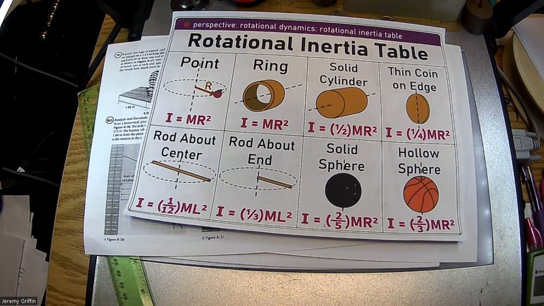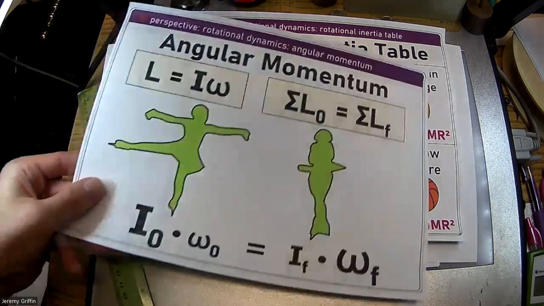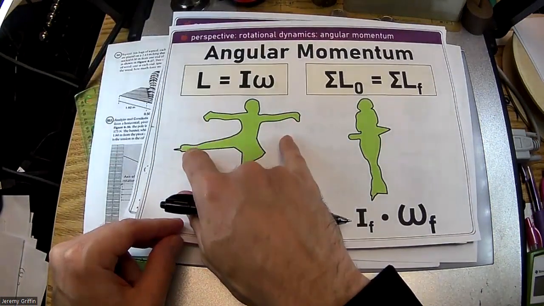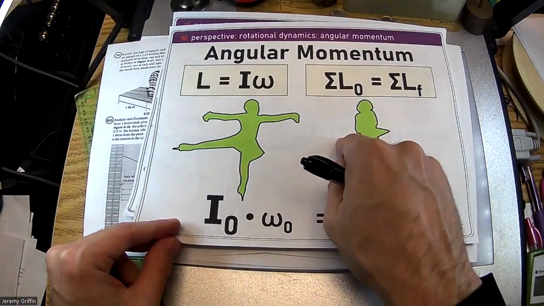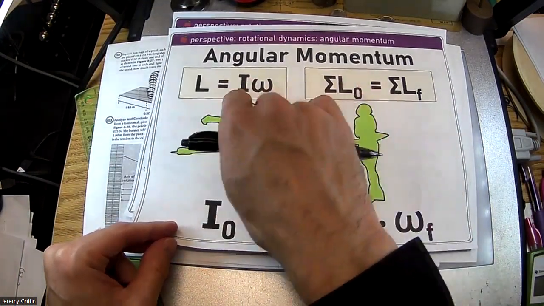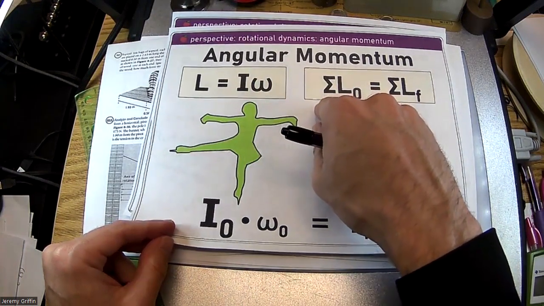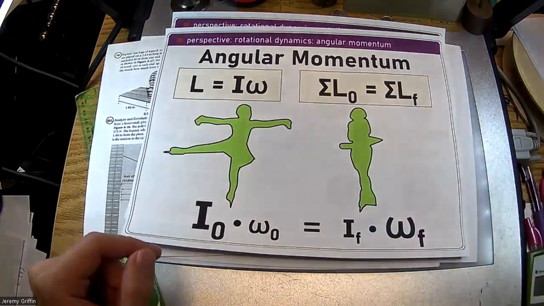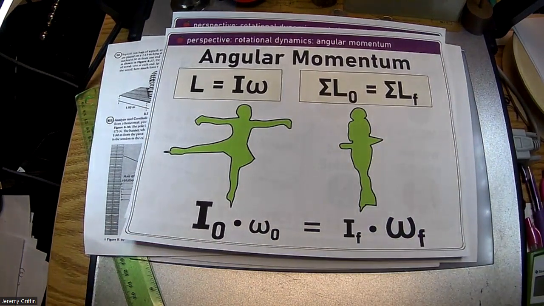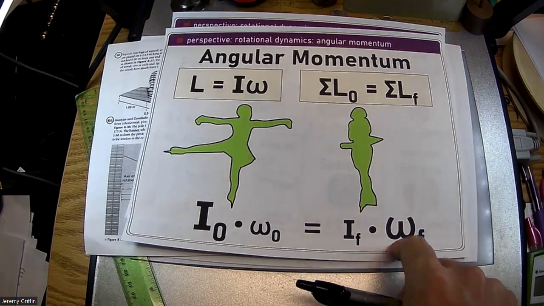Here's the figure skater, going from extended to a tuck position. Something to do with this principle would be a good question to ask. I bet that's going to be the question or part of it. It's going to speed up spinning in the tuck position.